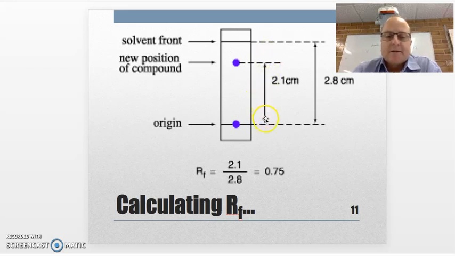Right? So the substance has separated out at 2.1 centimetres, but the entire distance the mobile phase has travelled along the stationary phase is 2.8 centimetres.